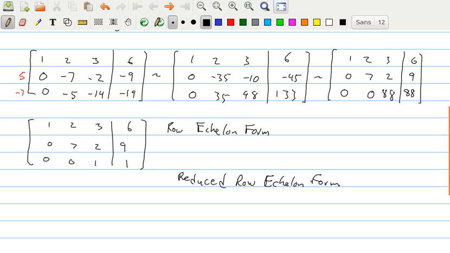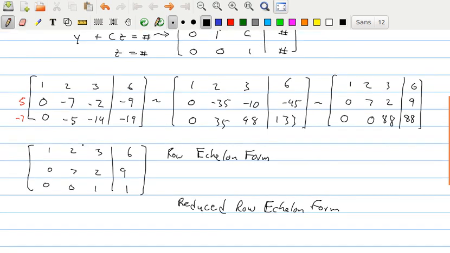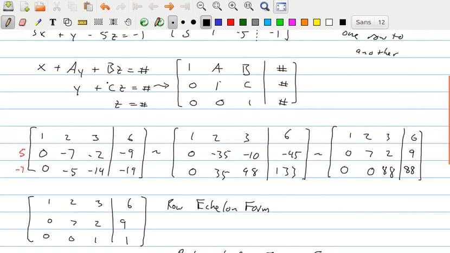This one is even better because here, once we get this into row echelon form, we still have to do some back substitution.